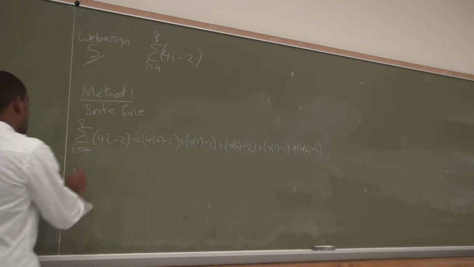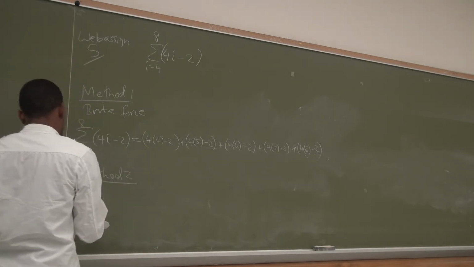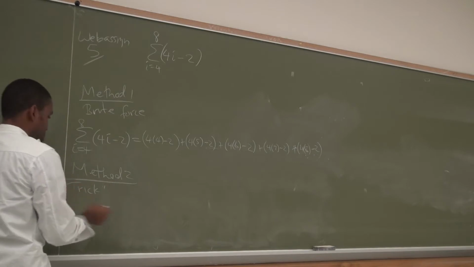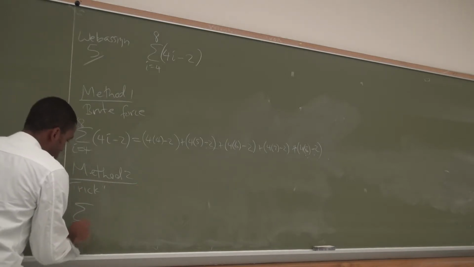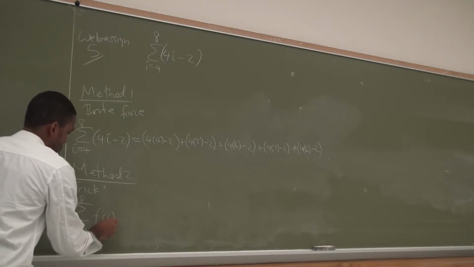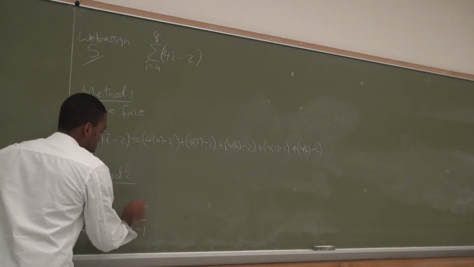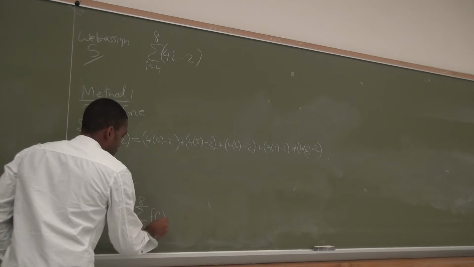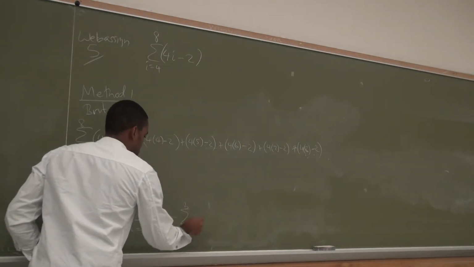The trick would be, well, it's not really a trick, it's just an observation: if you sum from 4 to 8 of some function, it's the same as summing from 1 up to 8 of the function, and then subtracting the sum from 1 up to 3.